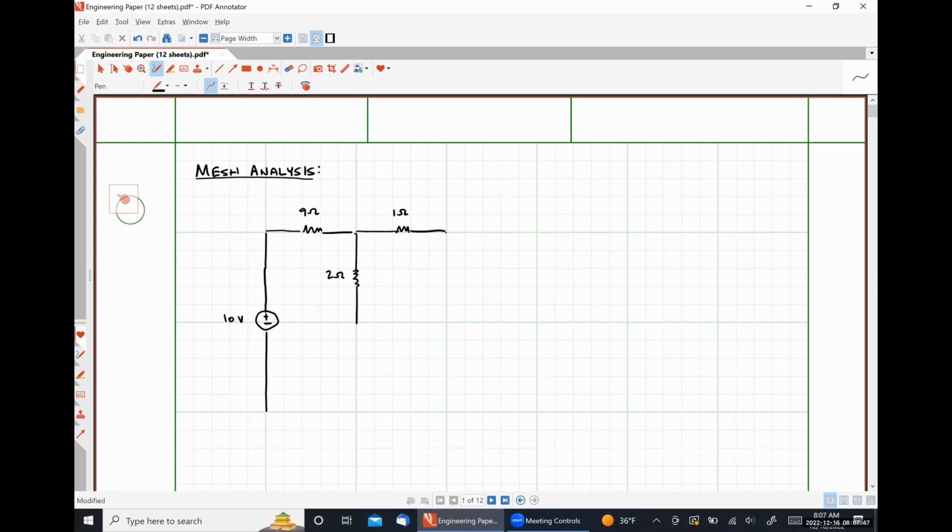A 1-ohm resistor. 7-ohm resistor. I'm going to put a dependent source in right here. And let's have this be 3 Vx.